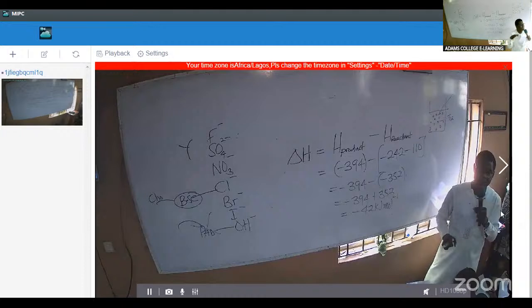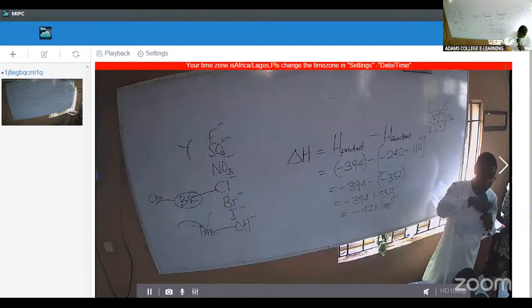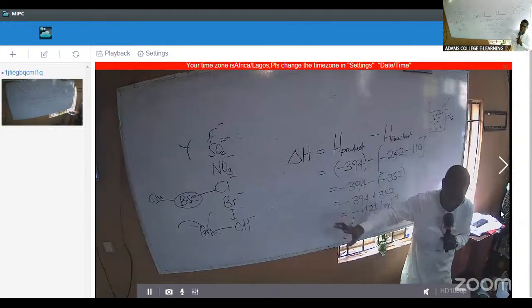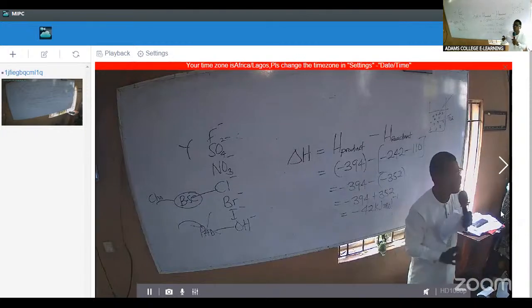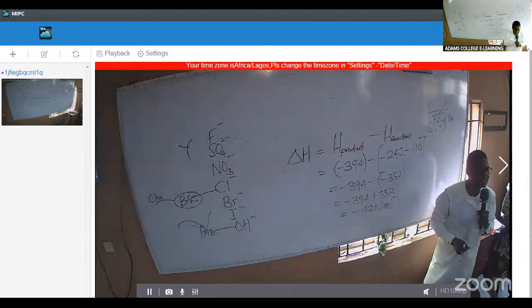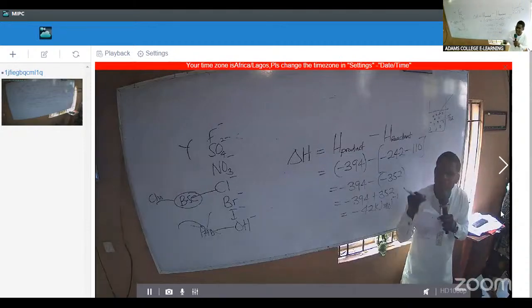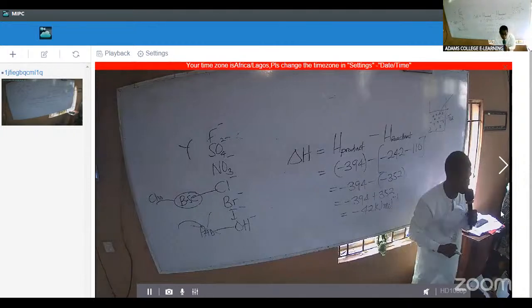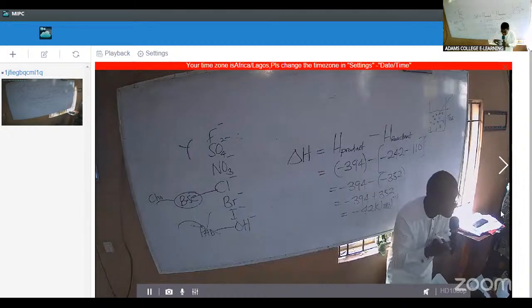But outside the JAMB class, the number of molecules of these solid materials in that tea will definitely increase. And if the number of molecules now increases, the movement will no longer be as rampant as it used to be.